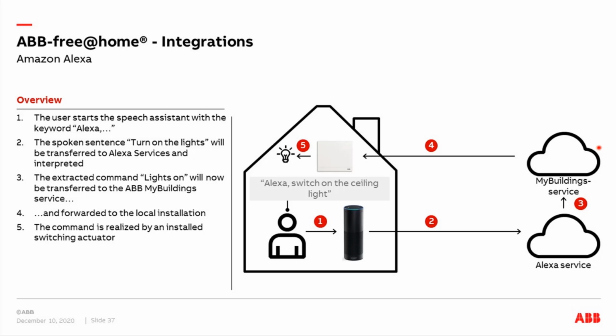And the My Buildings service is compiling this information now and forwarding it to our system access point, which knows now, okay, you want to switch on the ceiling light in the living room, and the system access point is then sending the signal forward to the actuator to switch on the light.